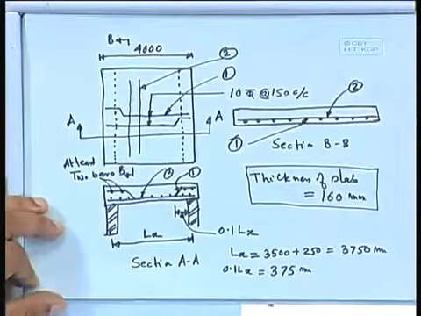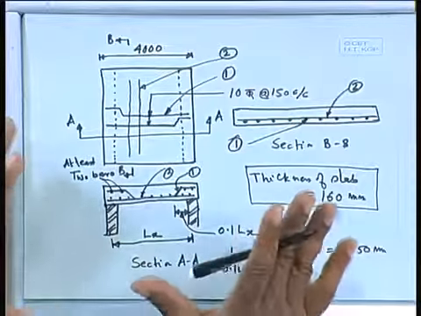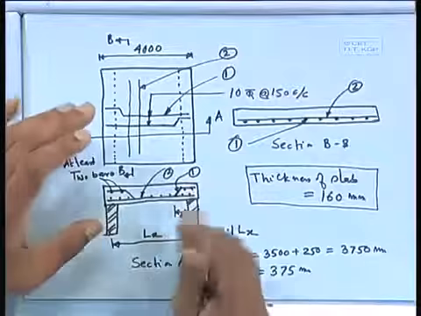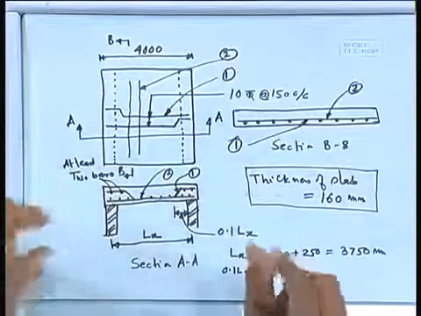So we should provide the detailing, including the summary of results, so that at least a draftsman should be able to draw the figure as per convenience. We need one plan and two sections.